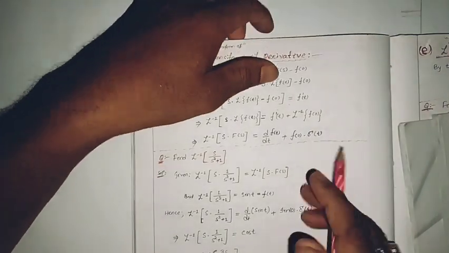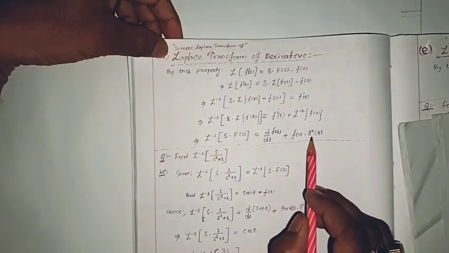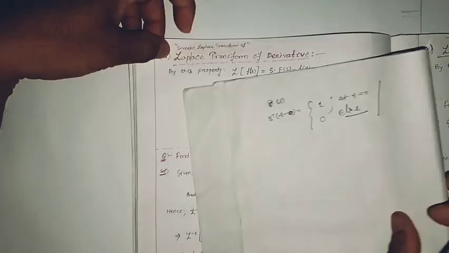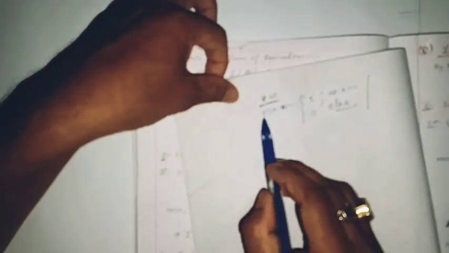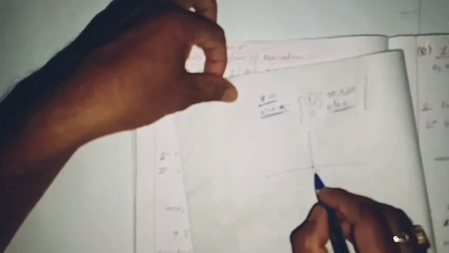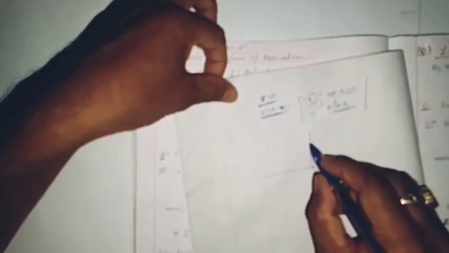Some books write only f of 0, some books write delta t. There is no problem because delta t is nothing but delta t minus 0. The value of delta t minus 0 is 1 when t equals 0, and 0 elsewhere. At t equal to 0 it exists, that means its value is maximum, otherwise it is 0.